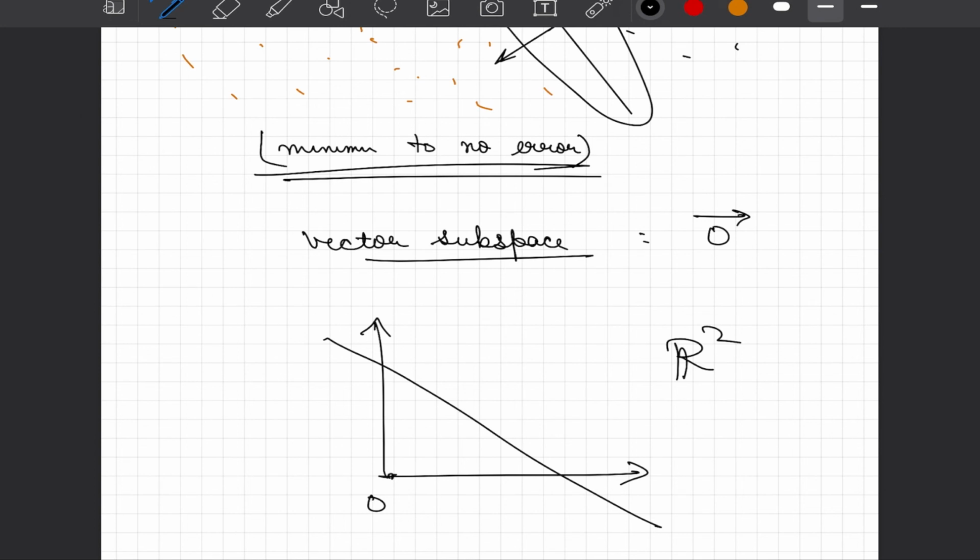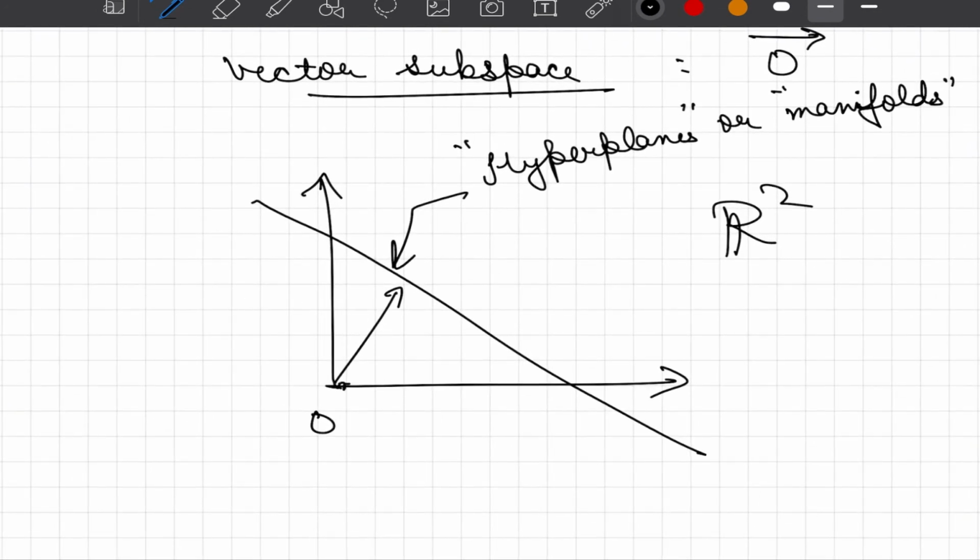So we call these special elements falling in vector spaces hyperplanes or manifolds. To define the characteristics of such hyperplanes or manifolds, in addition to the vectors that are located along these elements, we also need a term which represents the bias or shift from the origin.